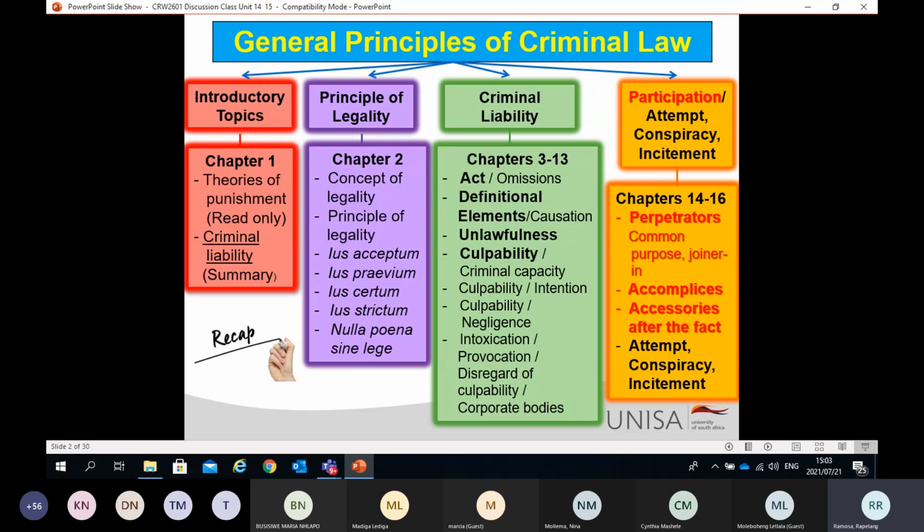As you can see from the slide, we are in the area of participation, highlighted on the far right of your screen. We will cover chapters 14 and 15, which deal with perpetrators, accomplices, and accessories after the fact. Then next week we will conclude by dealing with attempt and liability for inchoate or uncompleted crimes.